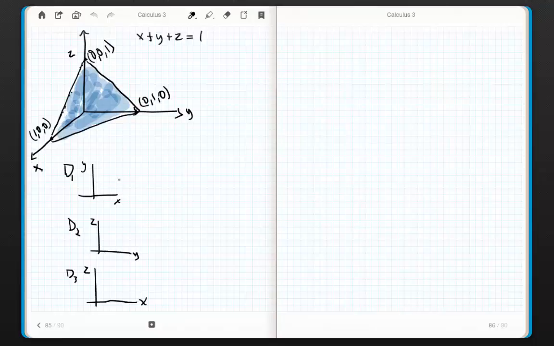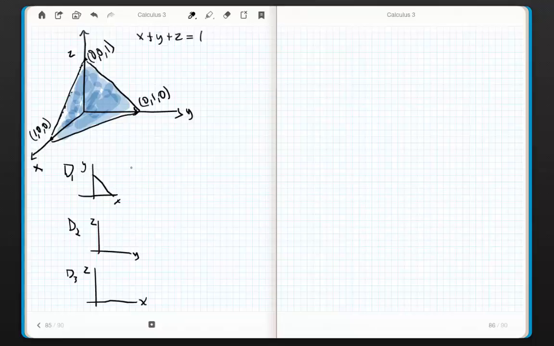You with me? All right, so I want to show you how this works, and why I'm going to do it. I'm going to set up all 6 integrals. So here goes. D1 is what happens when we're talking about the xy plane, this triangle, and the line that goes like that.